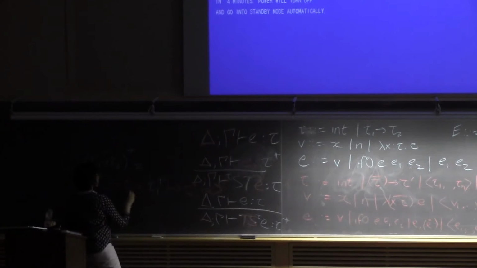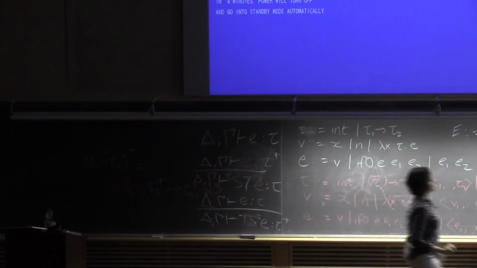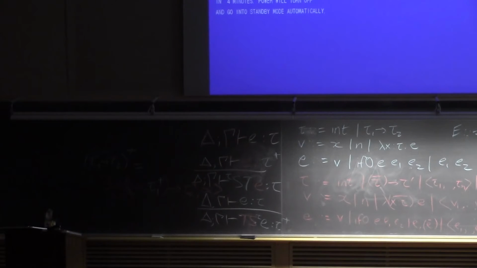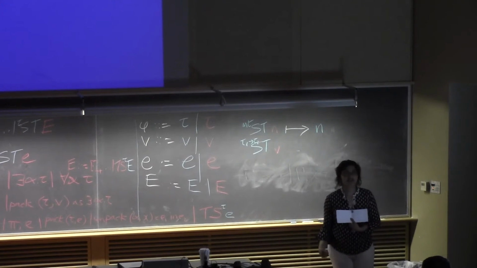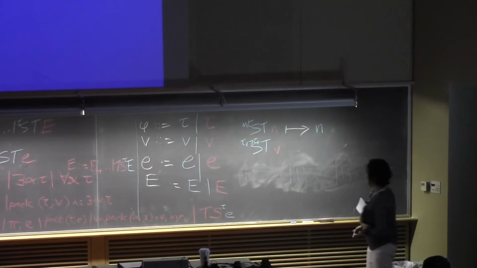This should be an angle bracket. I really wish we had our whiteboard from yesterday. So this value has that existential type. In other words, what form is the value? What kind of value is it? It's a pack.